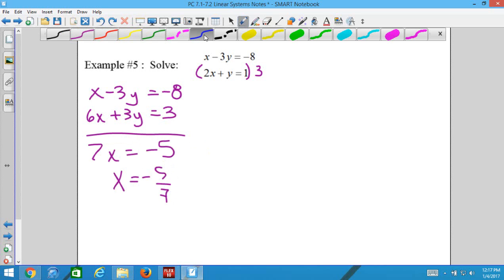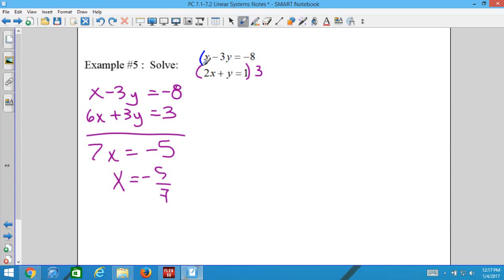And then I did not want to plug back in, so I just want to eliminate the x's instead. Multiply this one by -2. I'll need to do the bottom one.